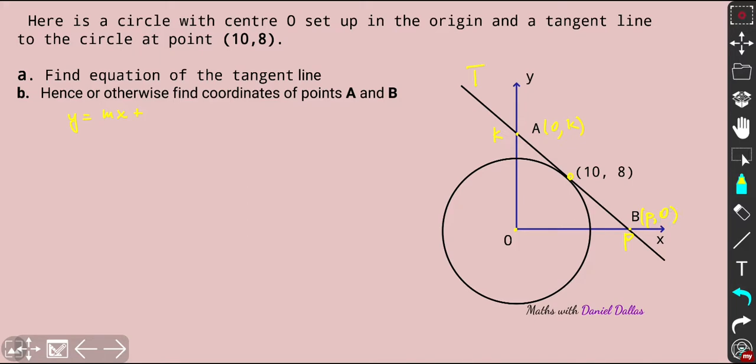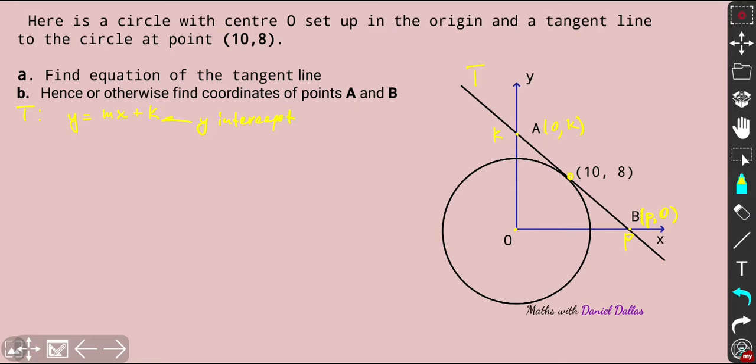Hope you understand where this comes from. So the equation of the tangent line should look like y equals mx plus k, where m is the gradient of the tangent line and k is the y-intercept.